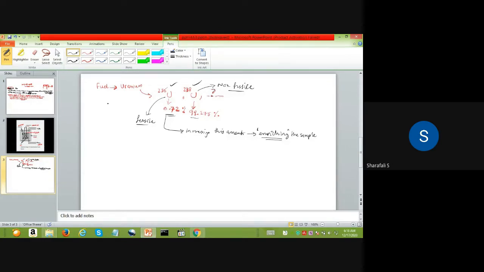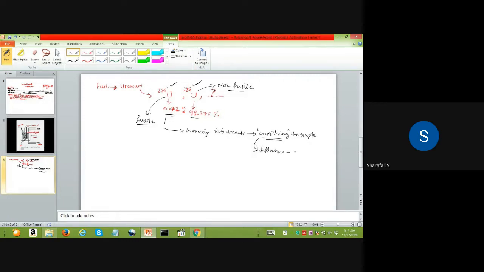We do this enriching by some process, for example diffusion, which depends on mass. We can use different techniques for enrichment, and one such process is diffusion.